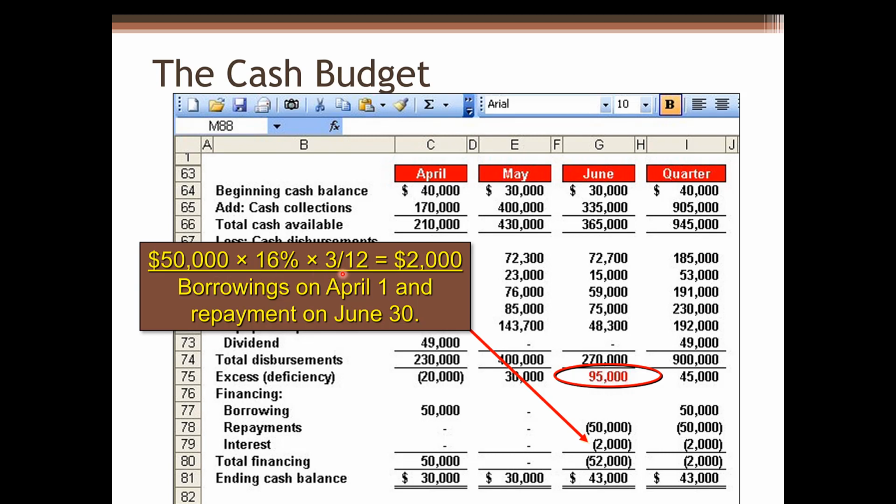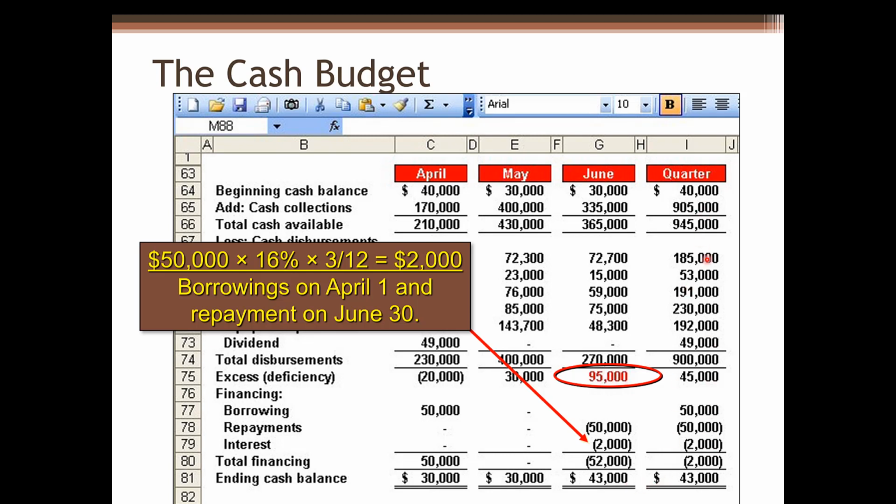Only 3 months of interest expense, so we divide by 12 and multiply by 3. And we calculate 3 months of interest expense, $2,000. We put it here. So the company has paid cash for interest expense, $2,000. The total financing section here is negative $52,000. This is a cash outflow, and the difference between $95,000 and $52,000 is the ending cash balance in June.